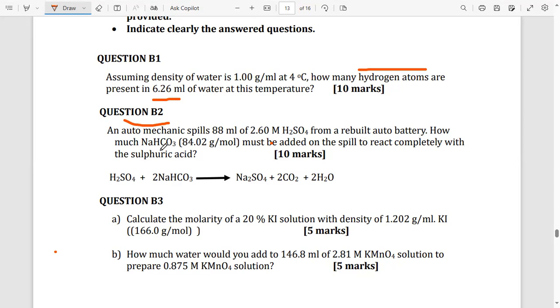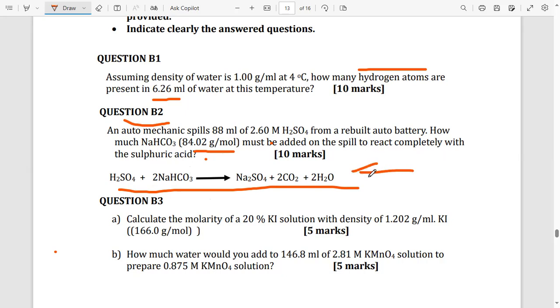How much sodium hydrogen carbonate, with a molar mass of this guy, must be added on the spill to react completely with the sulfuric acid? And then they have even given us the chemical formula here. So this sulfuric acid is reacting with the sodium hydrogen carbonate to produce whatever we have here.